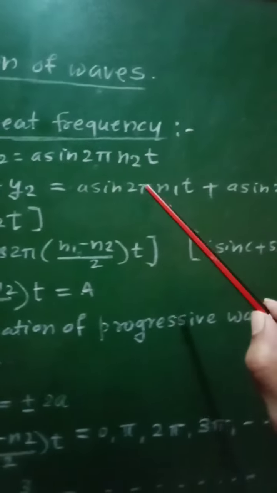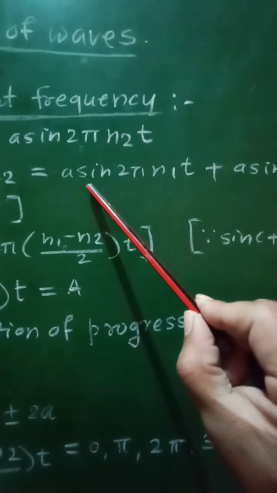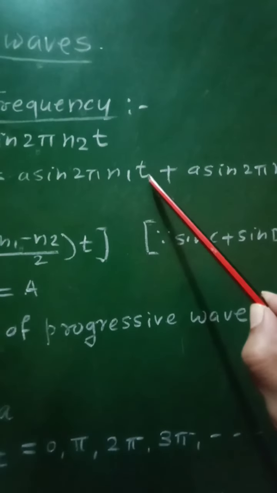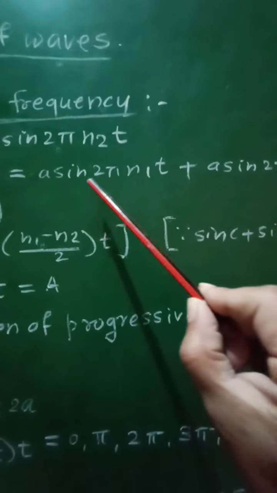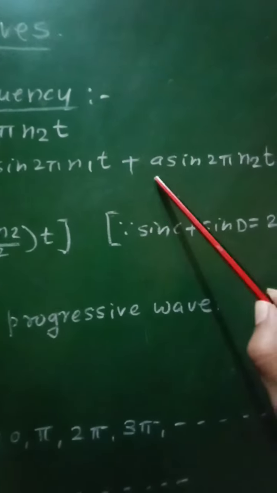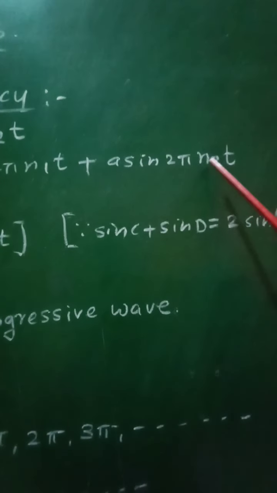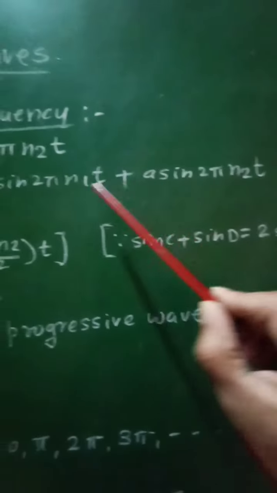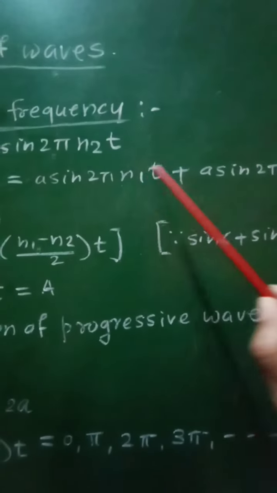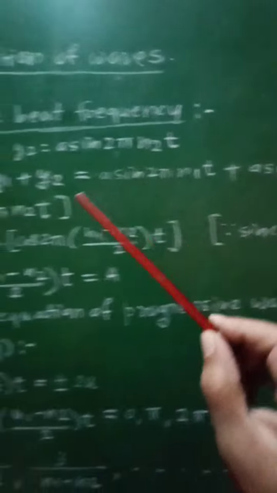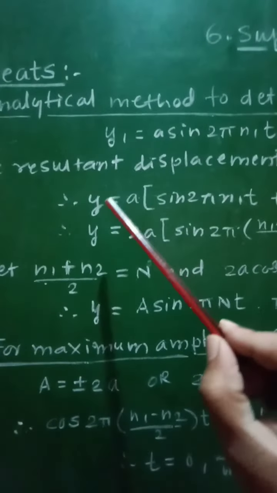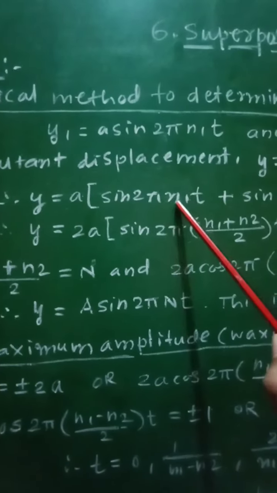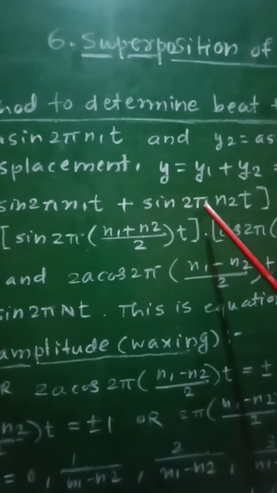Now putting the values of y1 and y2, we get y equal to a sin 2 pi n1 t plus a sin 2 pi n2 t. Taking a common, we can write y equal to a into (sin 2 pi n1 t plus sin 2 pi n2 t).